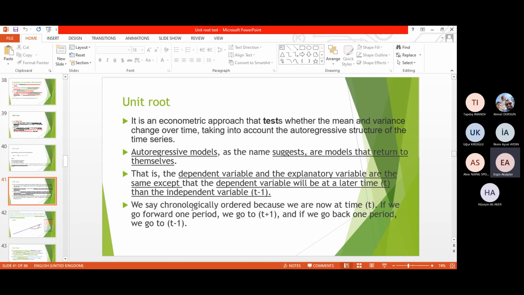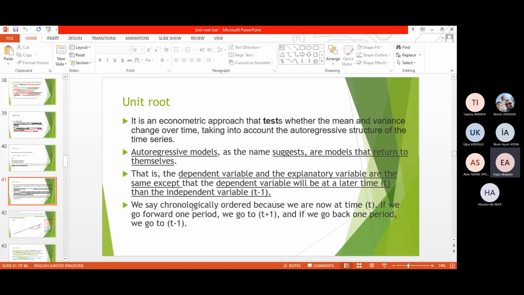And as you know, autoregressive models, as the name suggests, are models that regress on themselves. The dependent variable and the explanatory variable are the same, except that the dependent variable is at time t and the independent variable is at the former period, t-1.